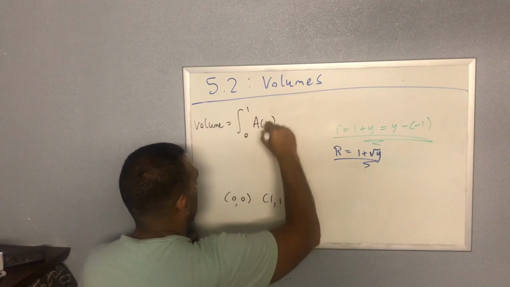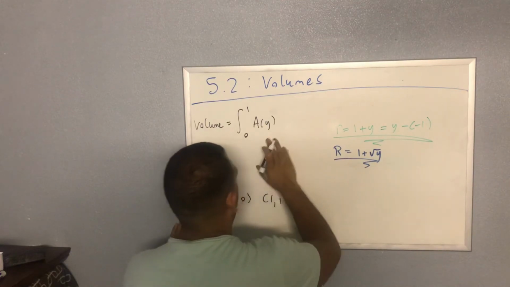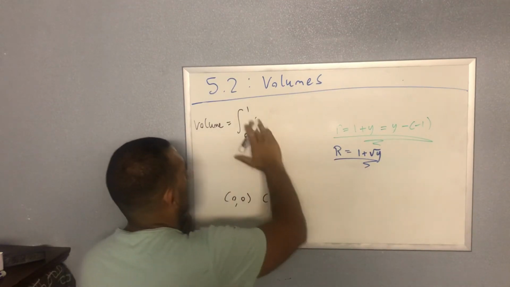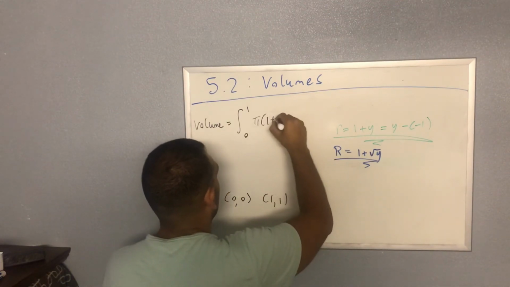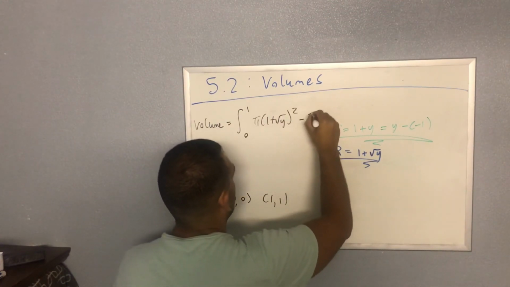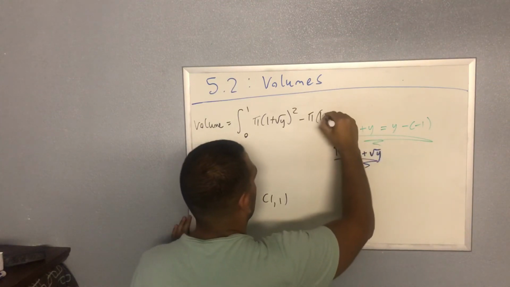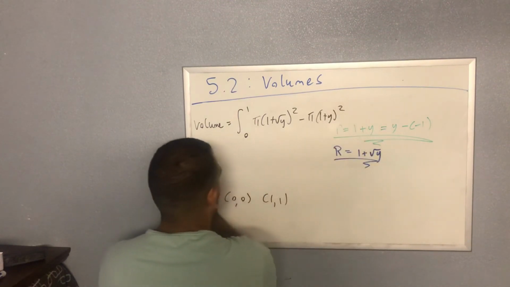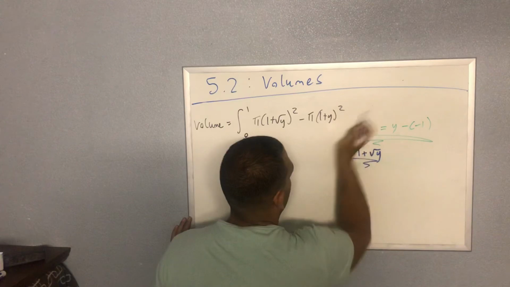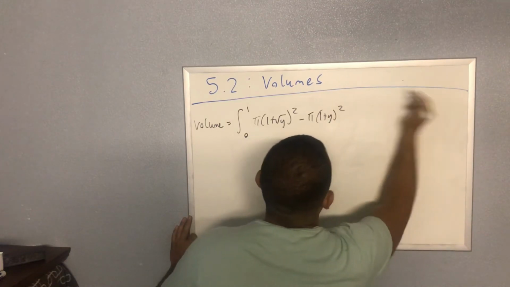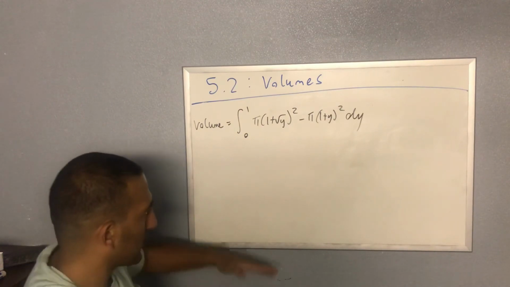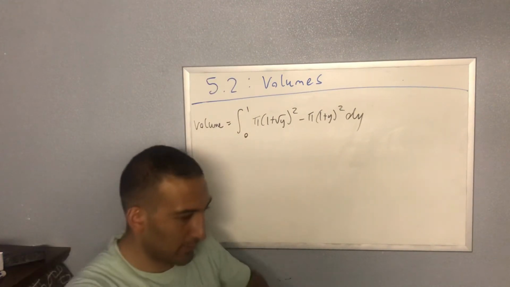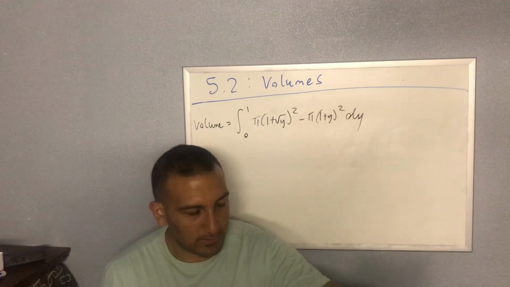Now we need a cross-sectional area as a function of y. Well, we know what it is. It's going to be pi times the bigger radius squared minus pi times the smaller radius squared. And this is now a dy instead of a dx, because we're going along the y-axis as opposed to the x-axis.